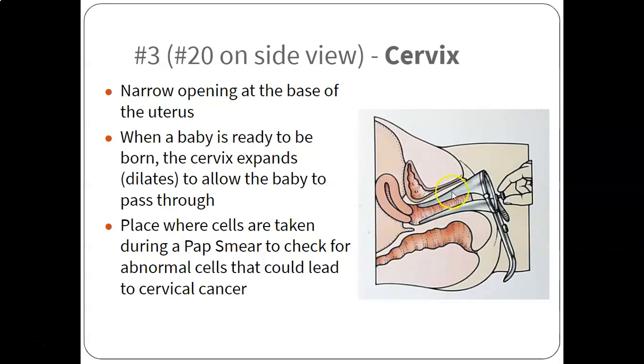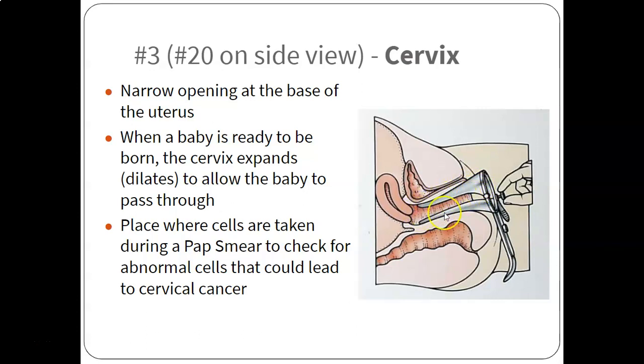Okay, so the vagina is not like a hollow tube. It's more like a deflated balloon. The lining collapses on itself. So in order to access this area here, which is the cervix, the doctor will need to open up the vagina, and they use the speculum to do that.